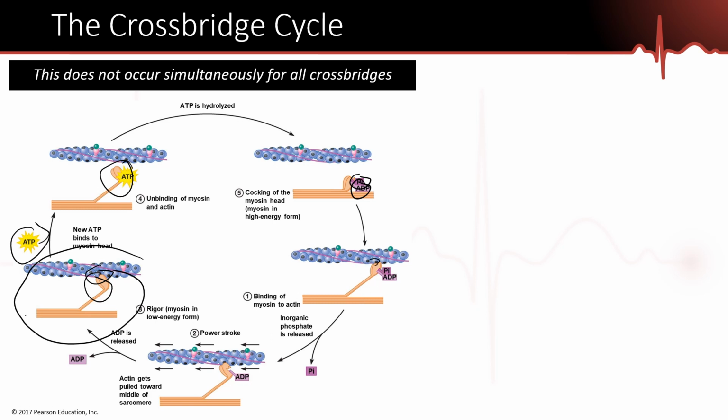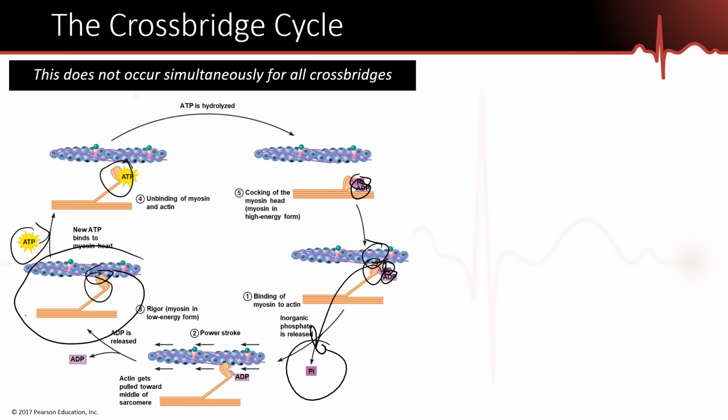Right now, the myosin head is bound to actin, to a myosin binding site on a G-actin, and inorganic phosphate and ADP are still within the head. And then the inorganic phosphate is released. And when that inorganic phosphate is released, we think that's when the power stroke happens. And the power stroke is when the myosin head actually swivels forward.